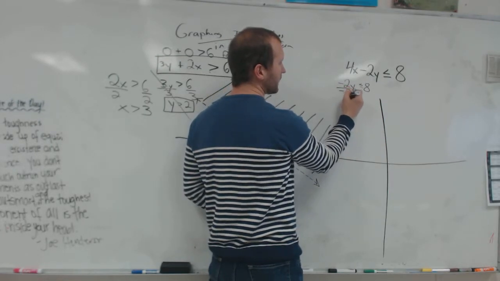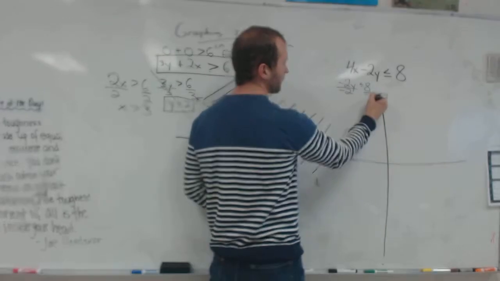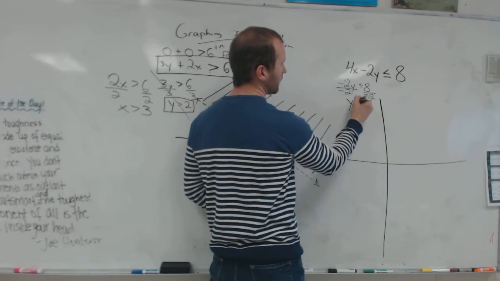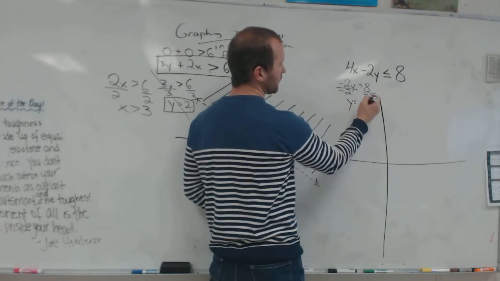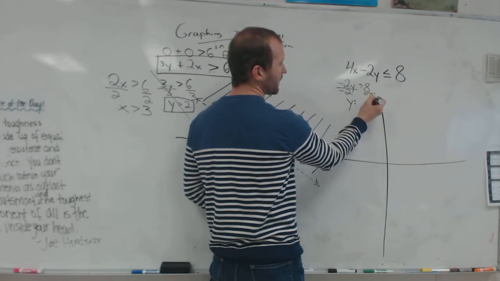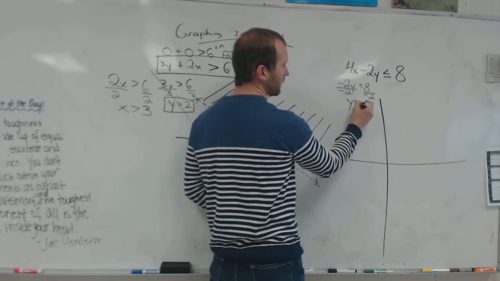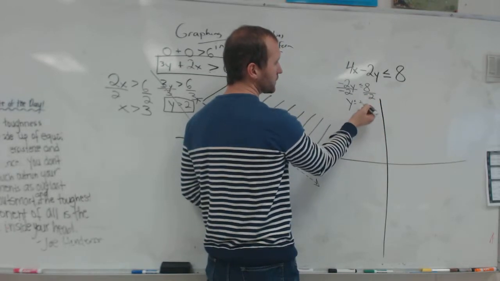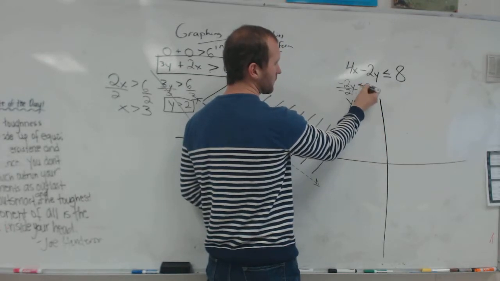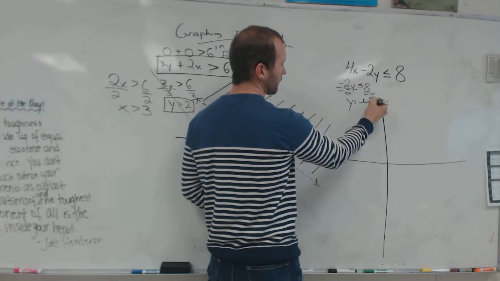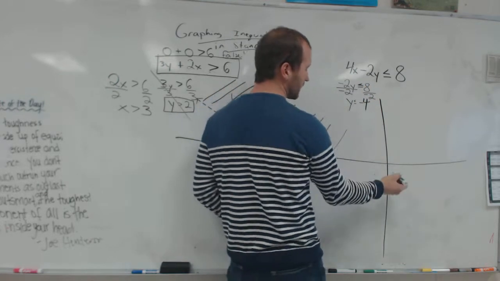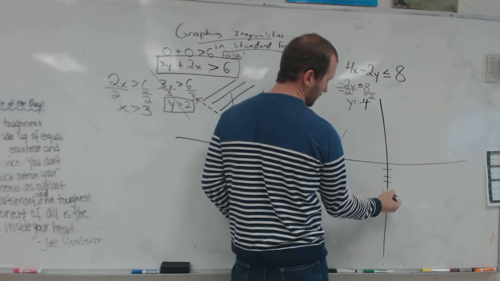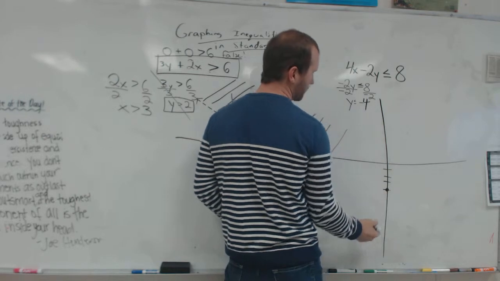Divide both sides by negative 2. Y is less than or equal to a positive divided by a negative, which is a negative. 8 divided by 2 is negative 4. And so my y-intercept is down here at y equals negative 4.